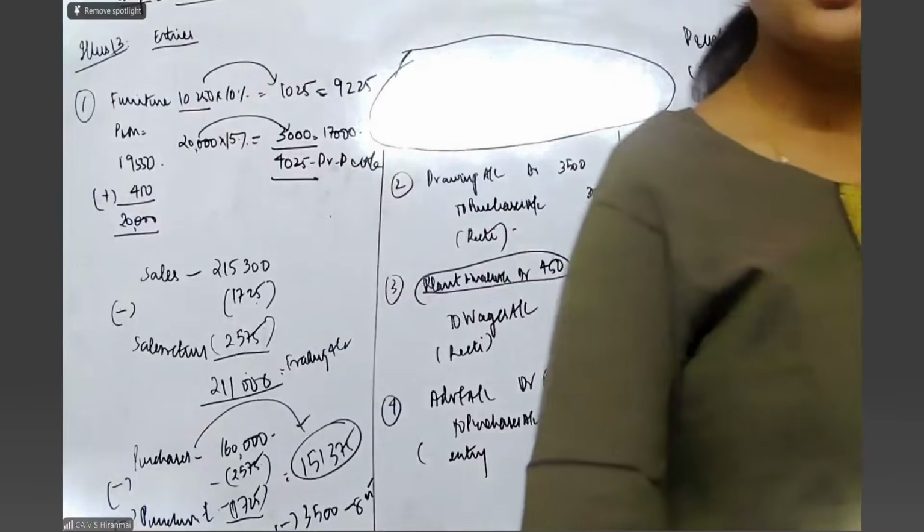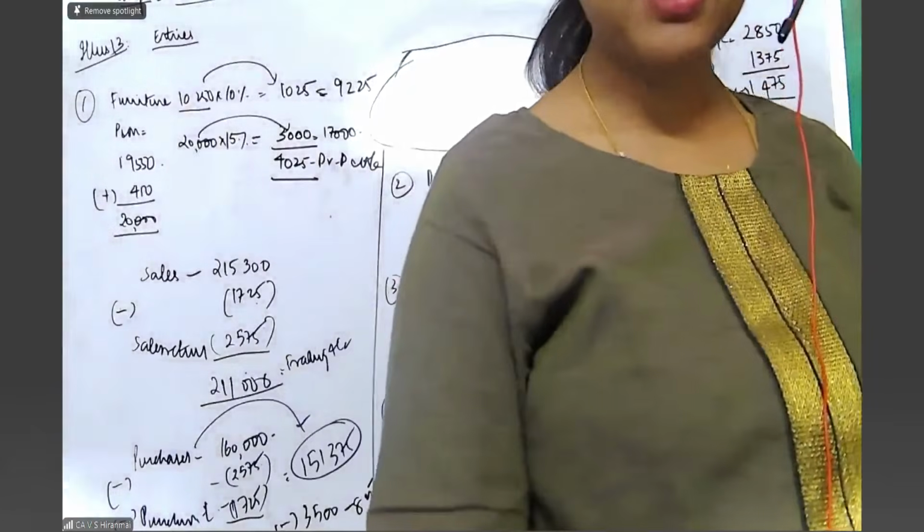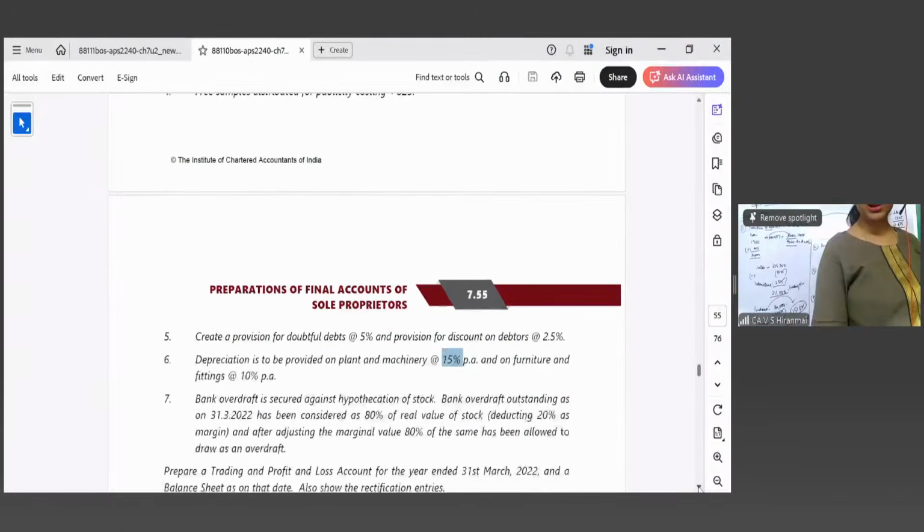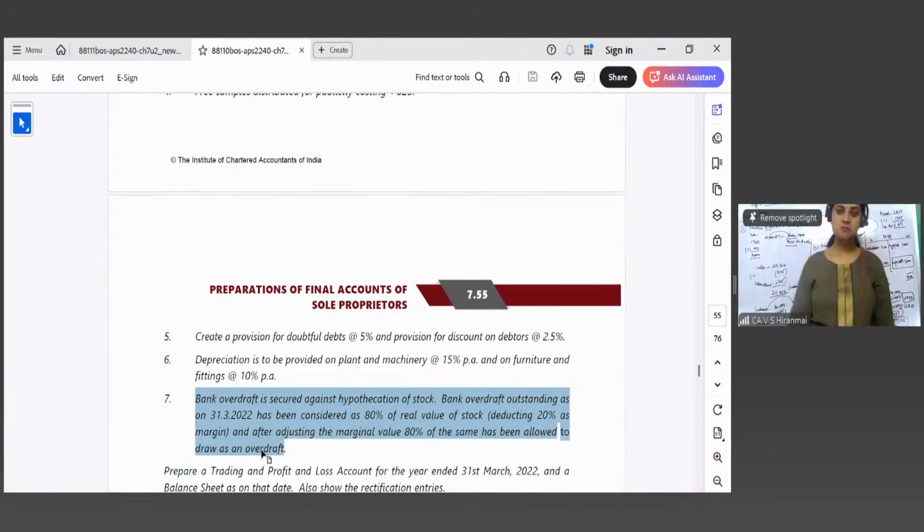Now, my dear students, the last adjustment, which everybody was asking me about: madam, closing stock, there is something which we are not able to understand. My dear students, it's a very simple adjustment. Please listen very carefully. Bank overdraft is given against the hypothecation of stock.